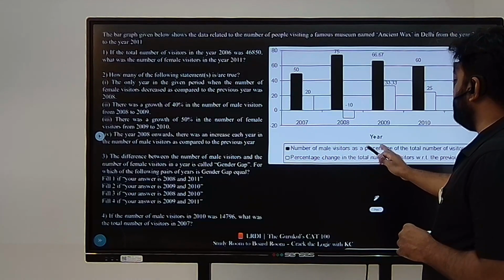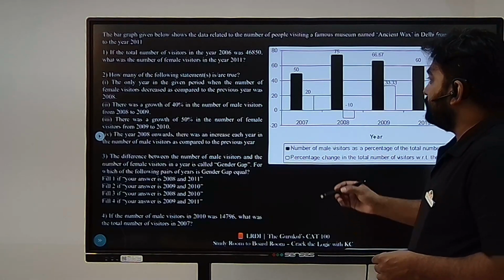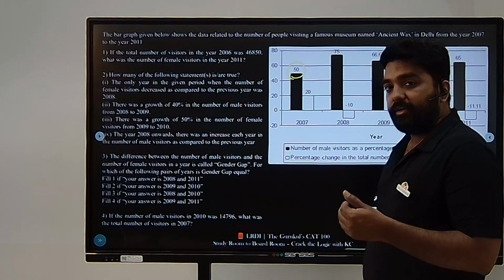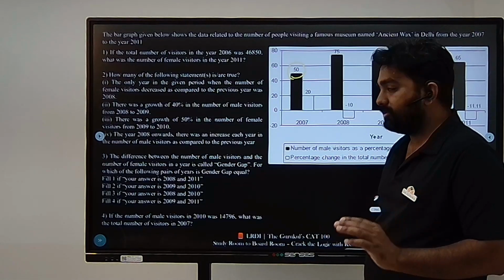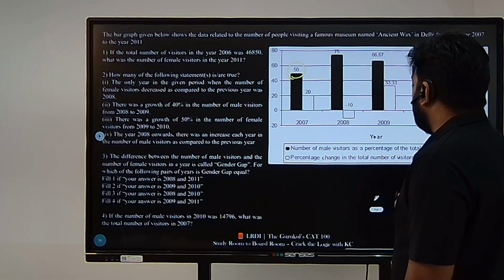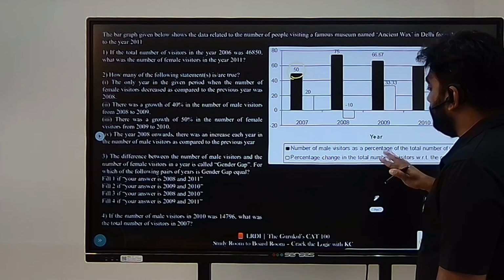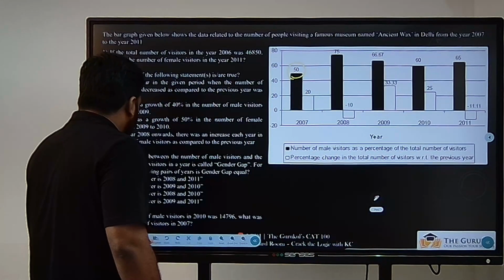Number of male visitors as a percentage of the total visitors. So if I am having 50% here, that 50% is the number of male visitors in the total number of visitors. The second bar shows percentage change in the total number of visitors with respect to the previous year. And there are 4 questions which we need to solve. This is the basic information.